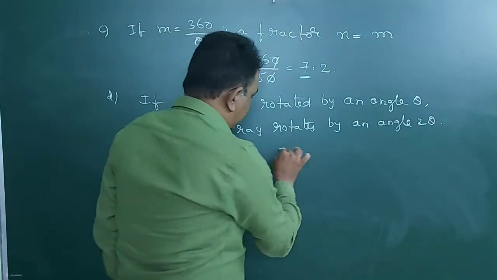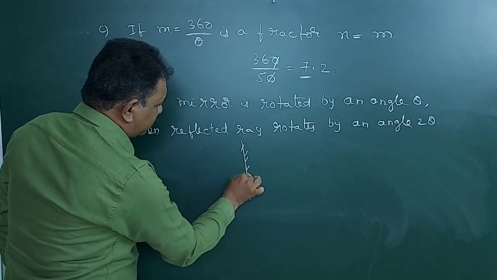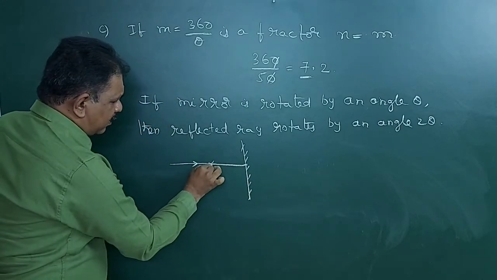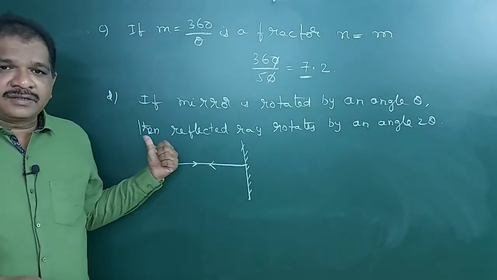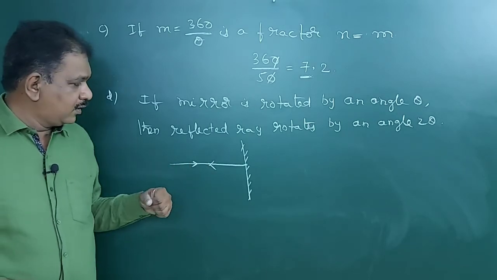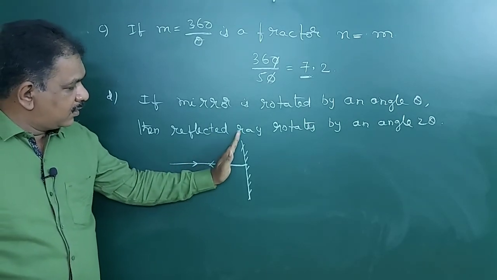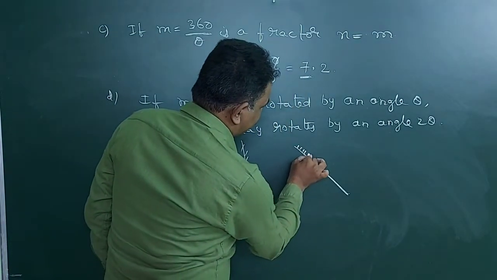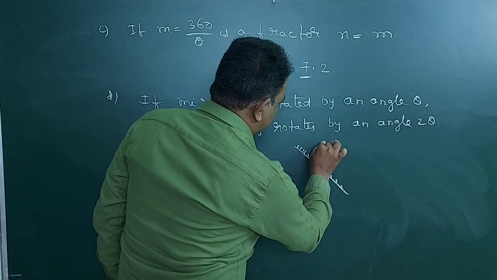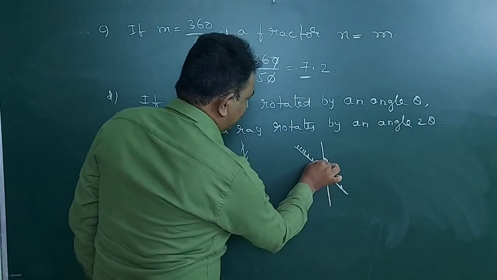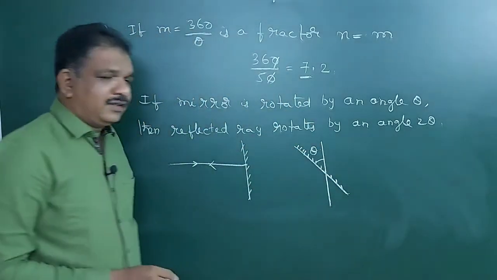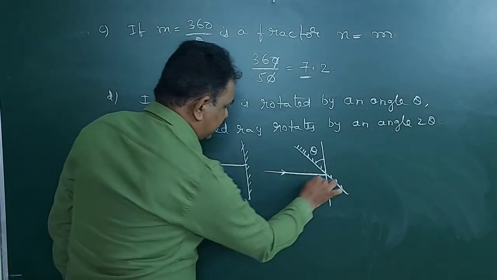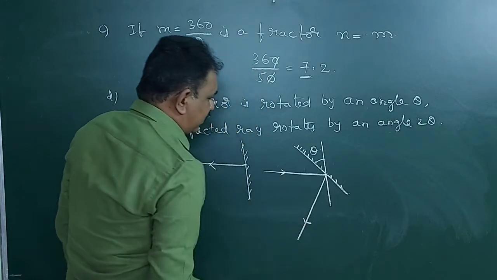For example, here one mirror is there. One light ray is incident like this. Since it is normal incidence, in the same path the light ray will reflect. Okay. I rotated this mirror by an angle theta. Initially the mirror is like this. I rotated the mirror by an angle theta. Then the light is incident like this in the same manner. This will be the reflected ray.